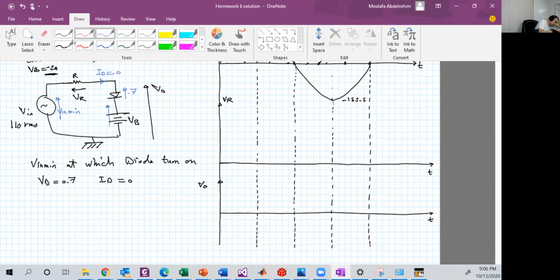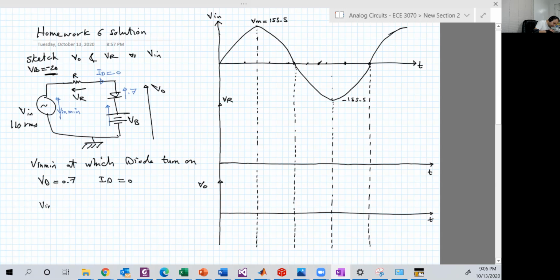Good. So let's apply Kirchhoff and see what the input minimum will look like. The input minimum minus VR minus 0.7, or VD, minus VB equals 0. So the input minimum equals VR plus 0.7 plus VB.